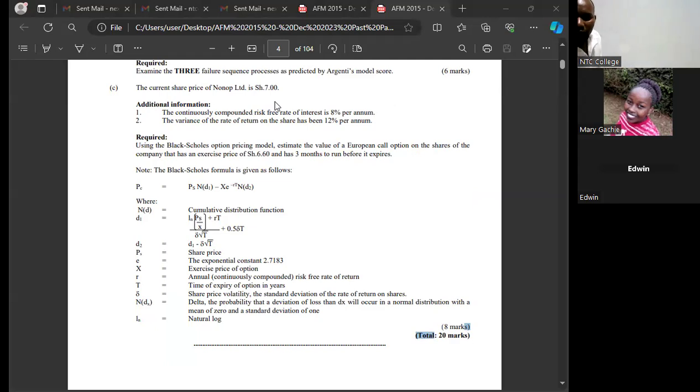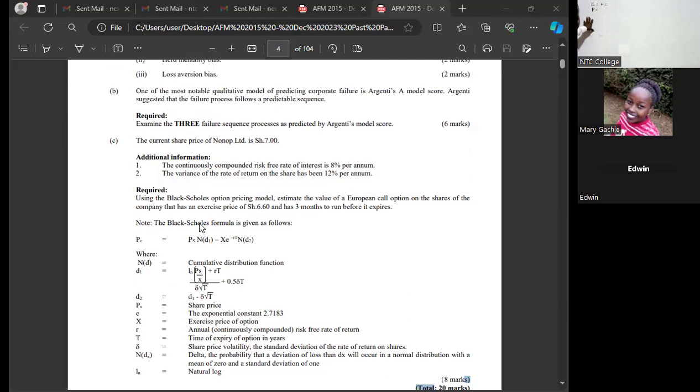So we have there exercise price, that is E. E is given as 6.6. P is given as, or they call it P, yes, P. P is given as 7. Then we have R given as 8%, 0.08.